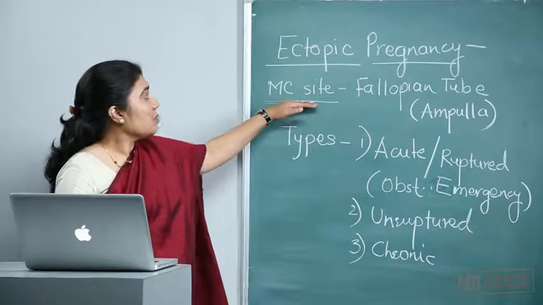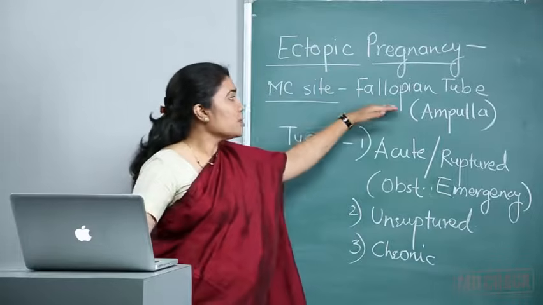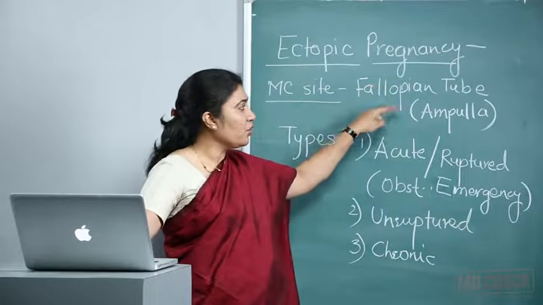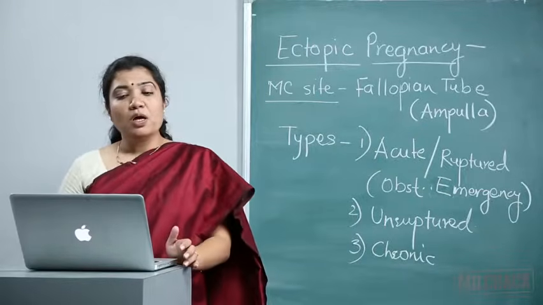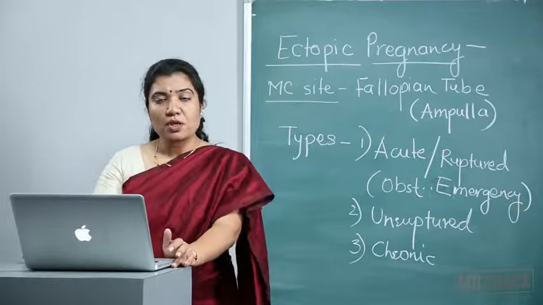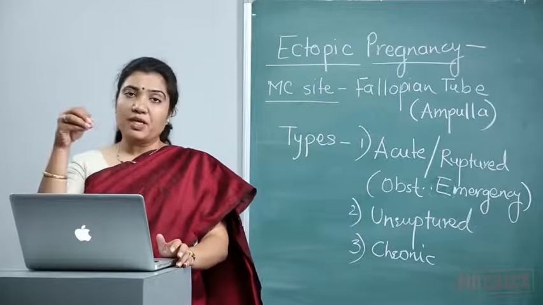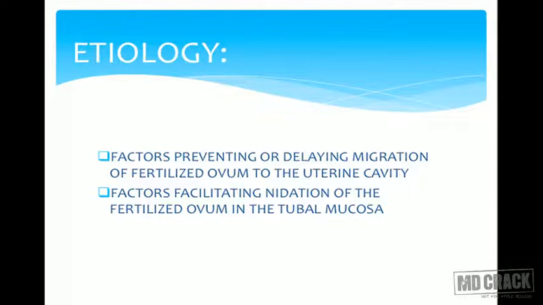Again, I want to stress this point that the most common site of ectopic pregnancy is the fallopian tube, and in the fallopian tube the ampullary region is the most common. What is the etiology? Usually, when the fertilization takes place in the fallopian tube, the ciliary action of the fallopian tube muscle or the interstitial ciliary portion brings that embryo to the uterine cavity and there the implantation takes place. This is a normal phenomenon.